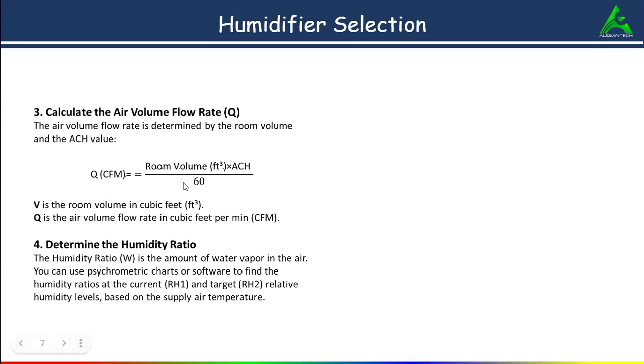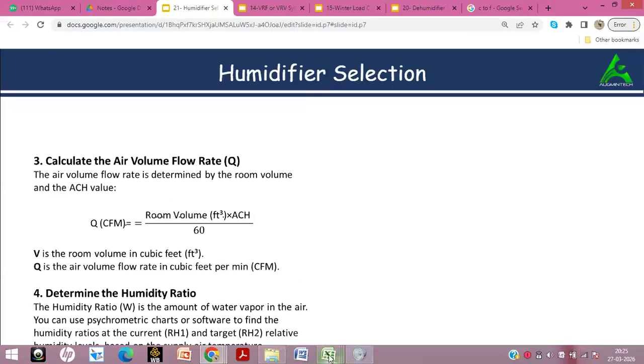Based on the velocity at which it enters the room, this value will be different. Okay, then we'll move to our regular thing.